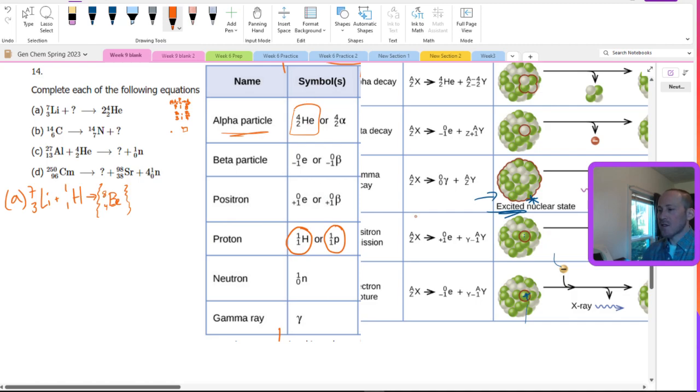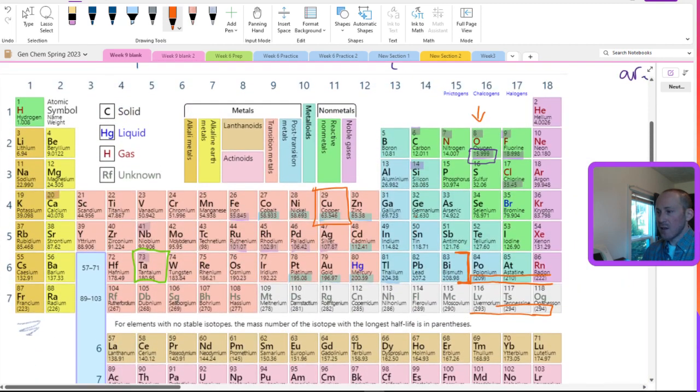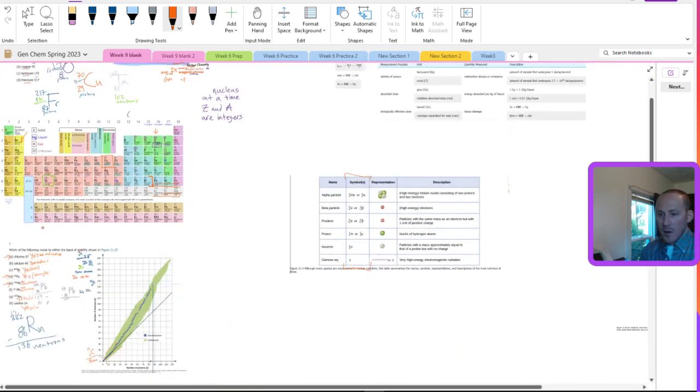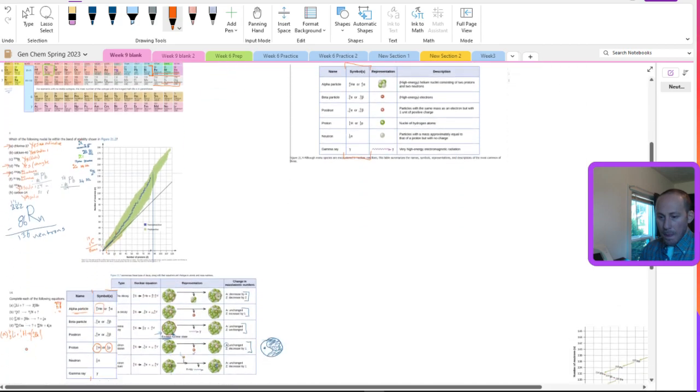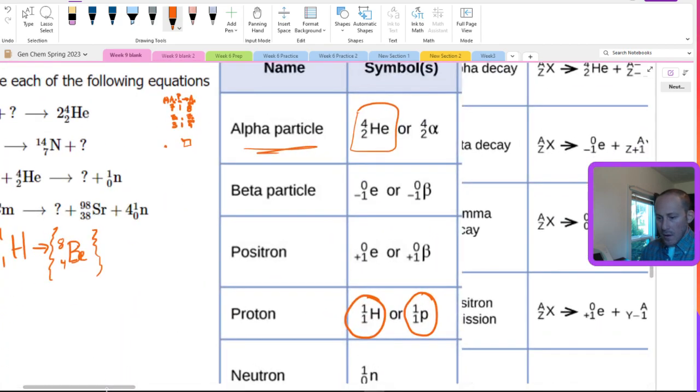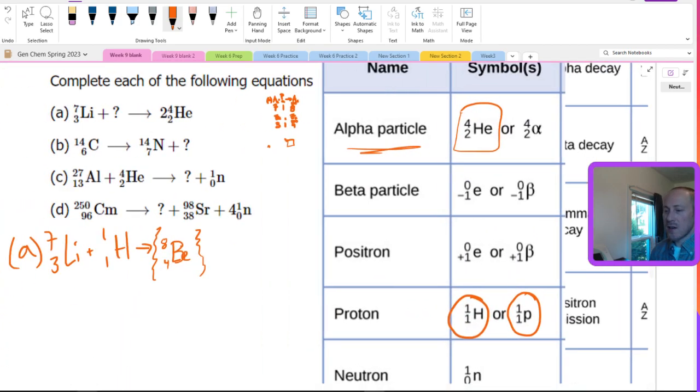Beryllium 8. We're going to have this transition state where we turned our lithium briefly into beryllium, but then that beryllium transition state will fall apart into the 2 alpha particles, or helium nuclei.